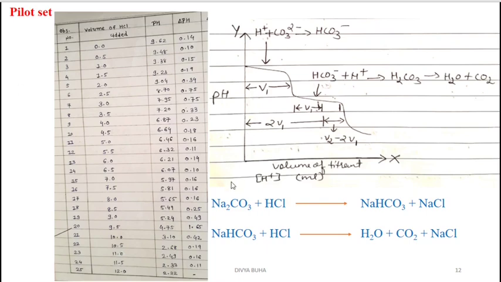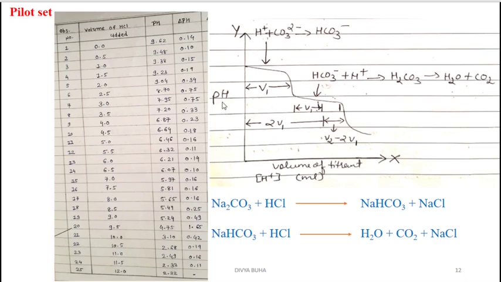We know that Na2CO3 and NaHCO3 both are basic in nature. So initially when you determine the pH of the sample solution, when no HCl has been added, the pH would be alkaline, it is 9.62.